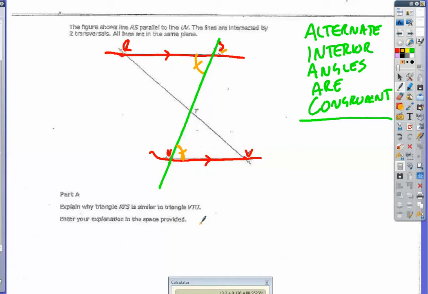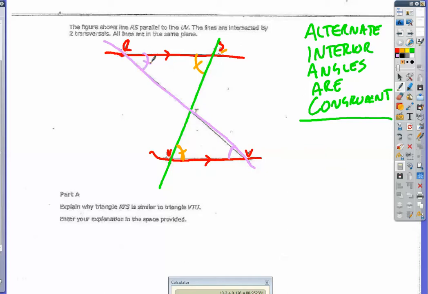But wait a second. We have a second transversal. And the second transversal will create more alternate interior angles, and they're congruent. So what is the alternate interior angle for this one? TRS.